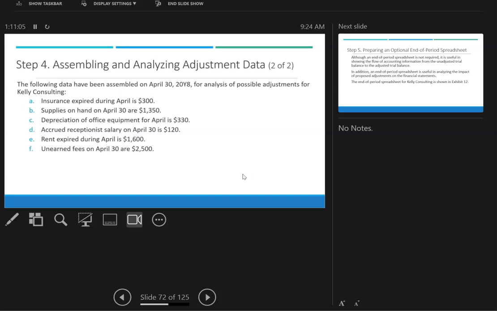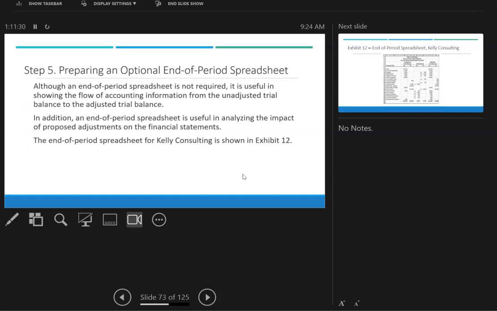The salary of the receptionist, she incurred some money in this period, but she's not getting paid till the next period. So we need to show that as an expense and a payable. We had some rent that expired, we need to show. And we had a liability called unearned fees that we've earned some of it. So all of these are adjusting entries we need to fix.